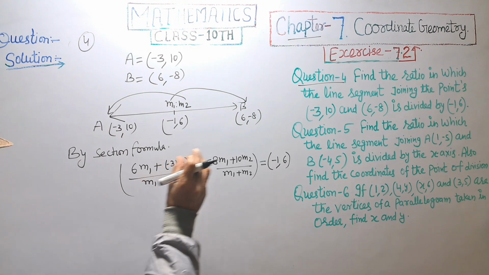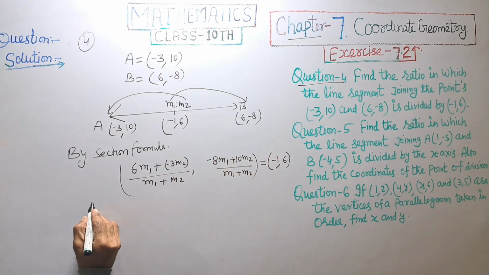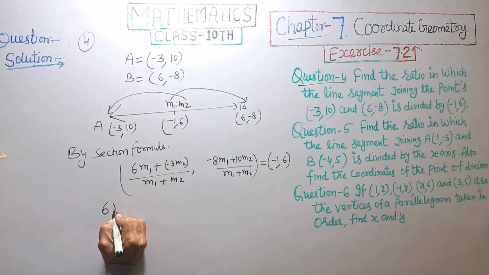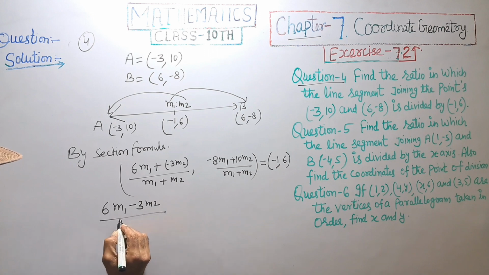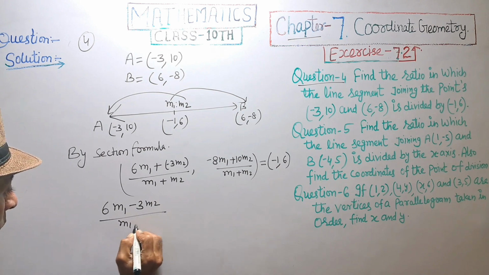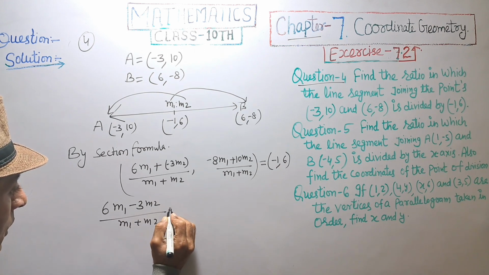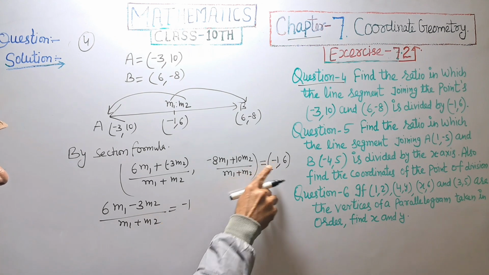First point is equal to -1. So (6 M1 - 3 M2) divided by (M1 plus M2) is equal to -1.